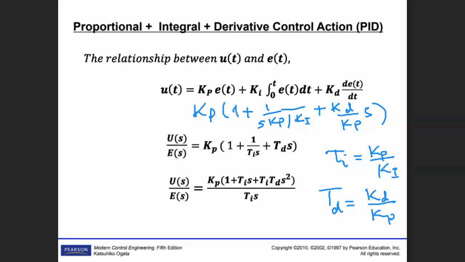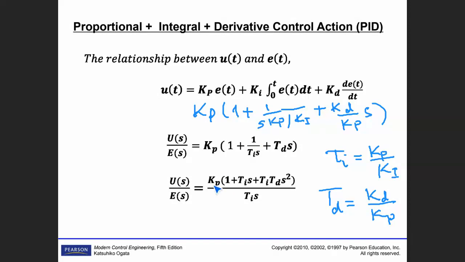So when you write down those equations and continue, you end up with this equation here: Kp bracket 1 over 1 Ti s, that one here is Ti, can be seen, plus Td s.